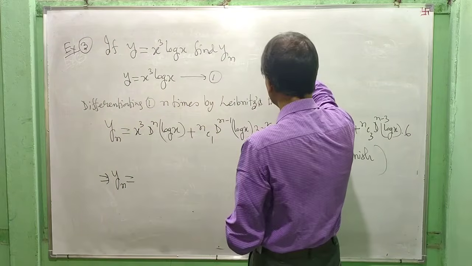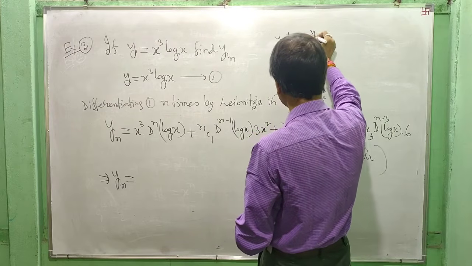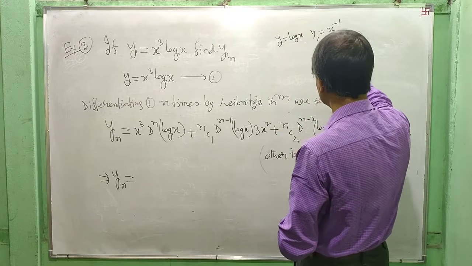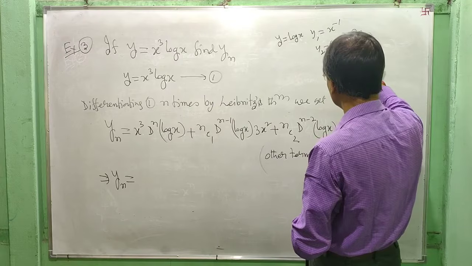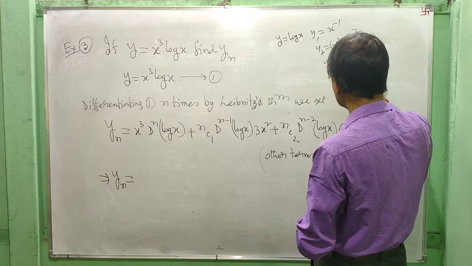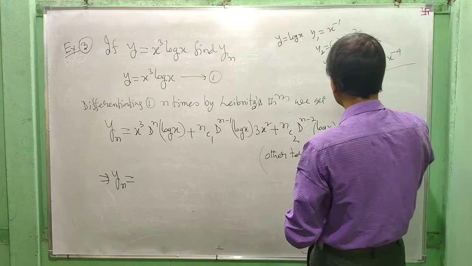You see, suppose y equals log x. y1 is equal to x to the power minus 1, y2 equals minus 1 times x to the power minus 2, y3 is equal to minus 1 minus 2 x to the power minus 3, y4 equals minus 1 minus 2 minus 3 x to the power minus 4. You will get like this.